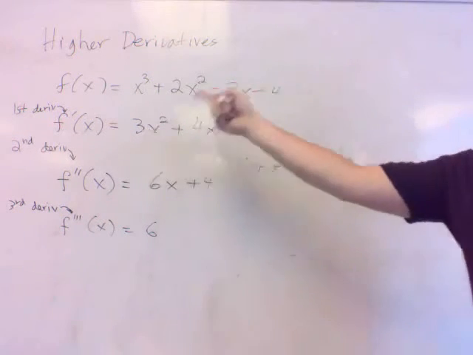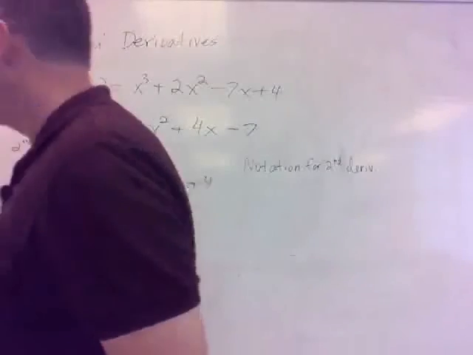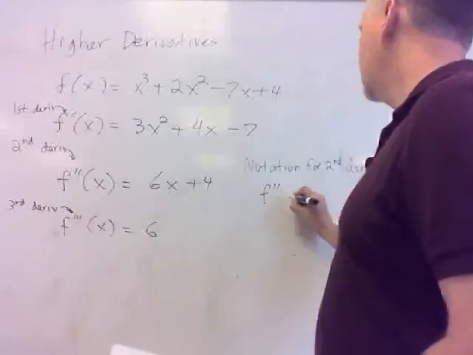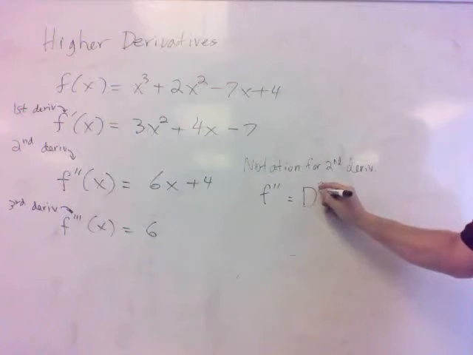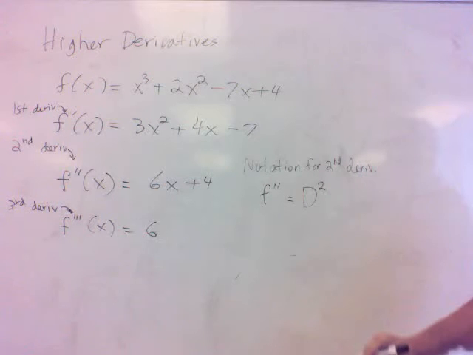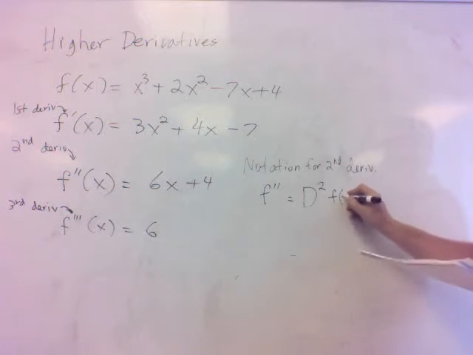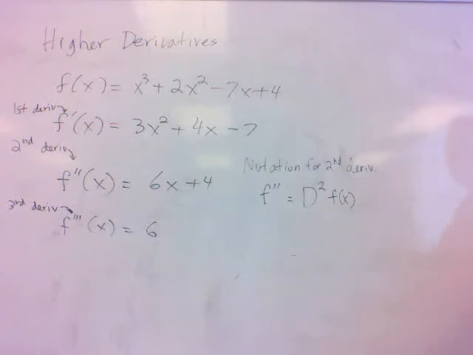Of course, we've got the f double prime there, but we can also use the big D. When you go to that, you use a d squared, but it's the second derivative. The first derivative is d f of x, so the second derivative is d to the second power. Here's another one, I think more calculus 2.